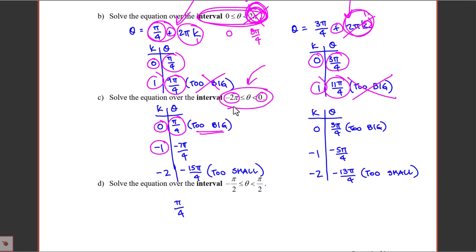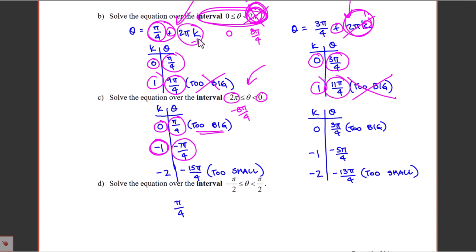Okay, let's see, over 4. So this is negative 8, actually negative 16 pi over 4, right? No. What am I doing? I was right the first time. So negative 8 pi over 4 is negative 2 pi, right? So then I plug in negative 1.